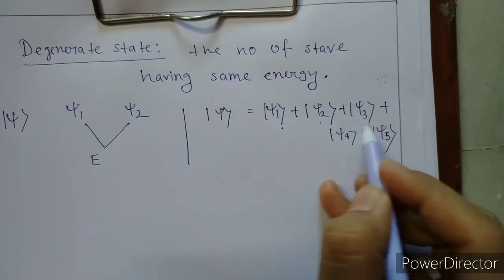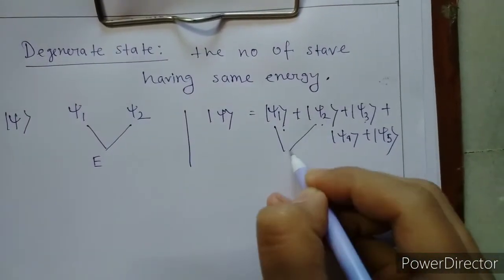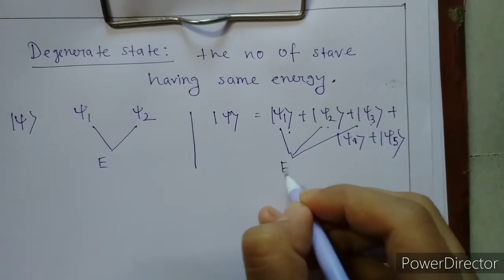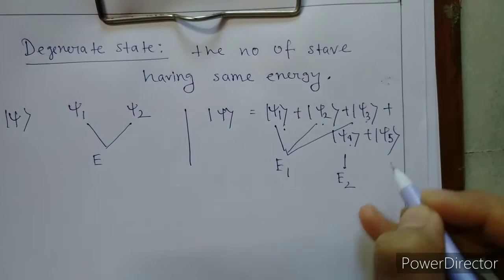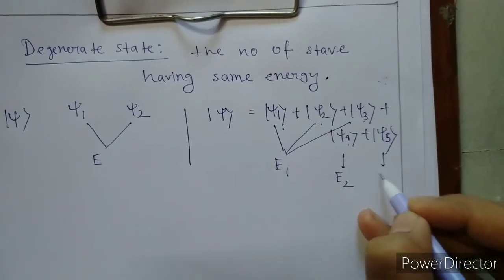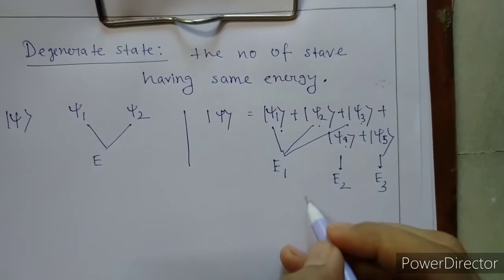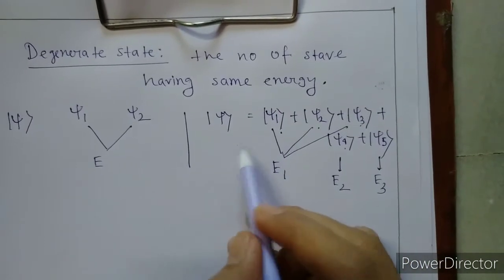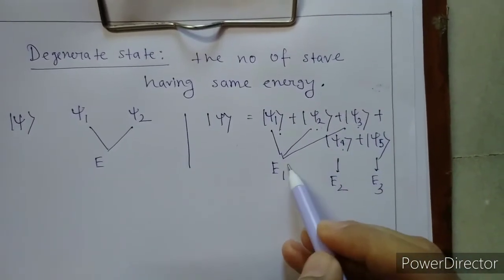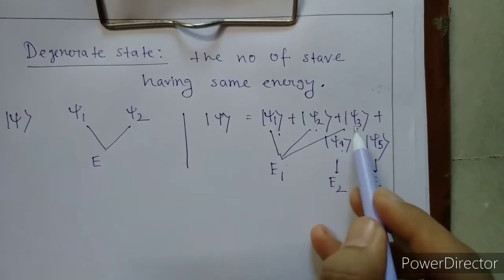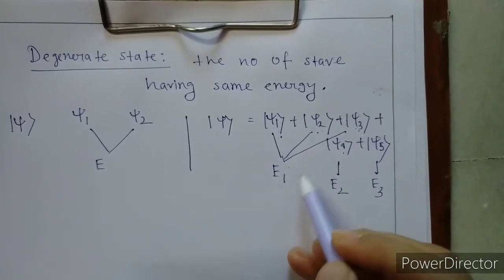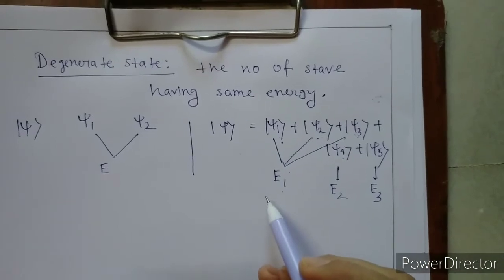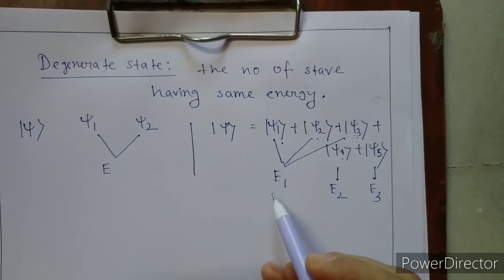And psi 1, psi 2, psi 3 have energy E1, and psi 4 has energy E2, and psi 5 has energy E3. So you can say the system is three-fold degenerate because psi 1, psi 2, psi 3 have the same energy E1. Okay, so this is the meaning of degeneracy and degenerate state.